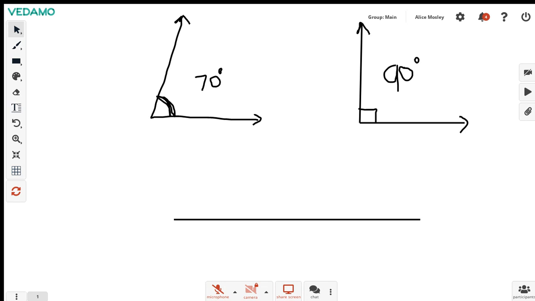When I open my notebook further and make it into a line, the angle is 180 degrees. So when it's fully open, it's 180 degrees.